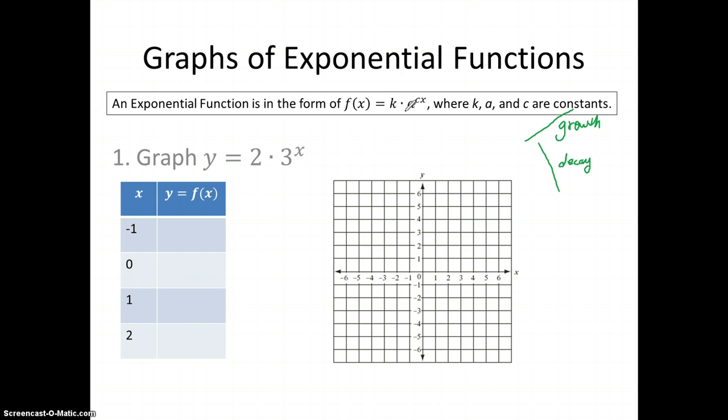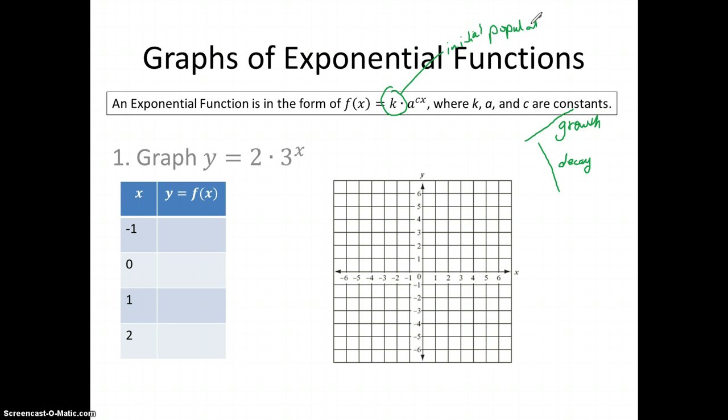That's not always found by looking at C. Sometimes we can see that a positive C value will give you growth and a negative C value will give you decay, but depending on what K is, this can change that idea. So be careful. Most of the time when we do applied problems, this K is our initial population.